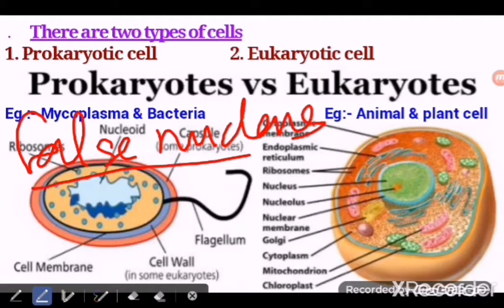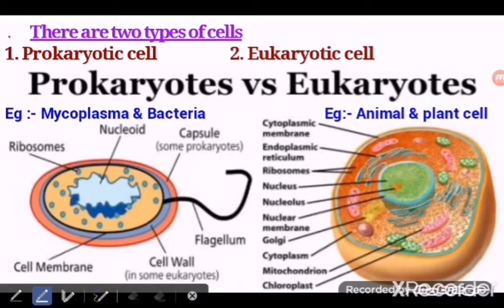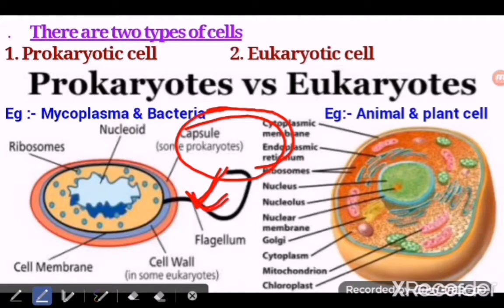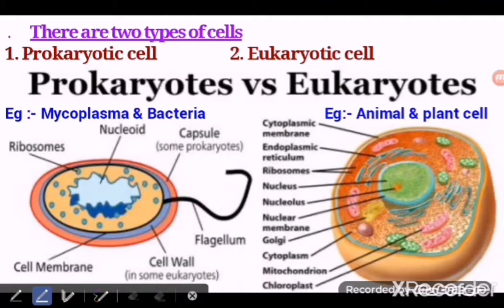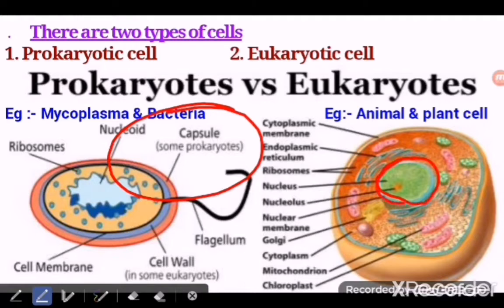So these are cells in which the nucleus is false. Which nucleus is a false nucleus? The one with no nuclear membrane. I think you have studied the nucleus in 8th class also. The nucleus is a structure, the central cell organelle. You can see it here in this cell.